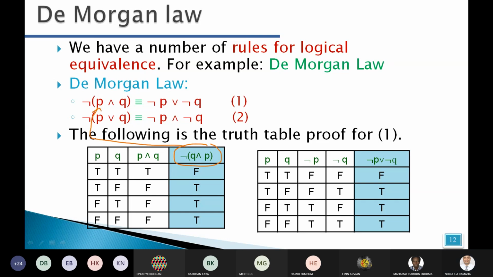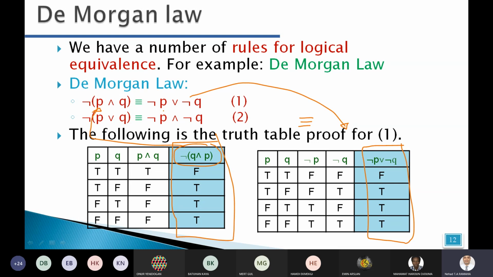This one. Now we need the truth table for the second part. If they have the same truth table, this part and this one, if they are the same, then they are logically equivalent.